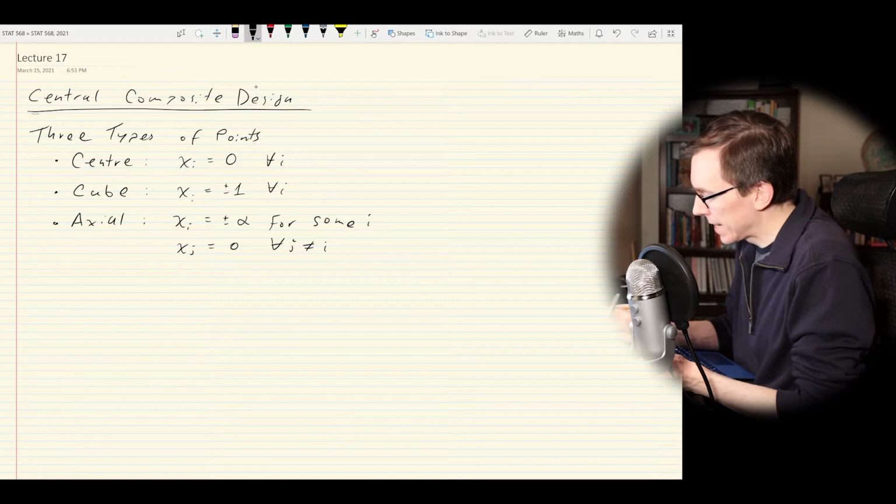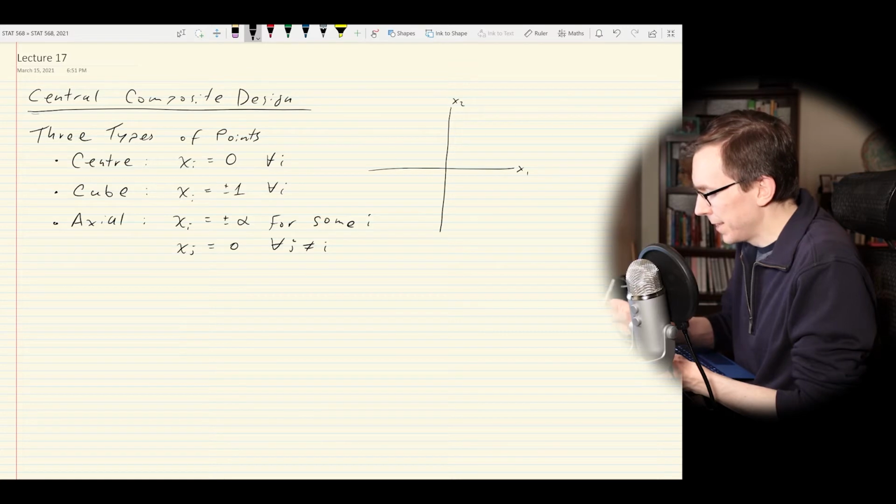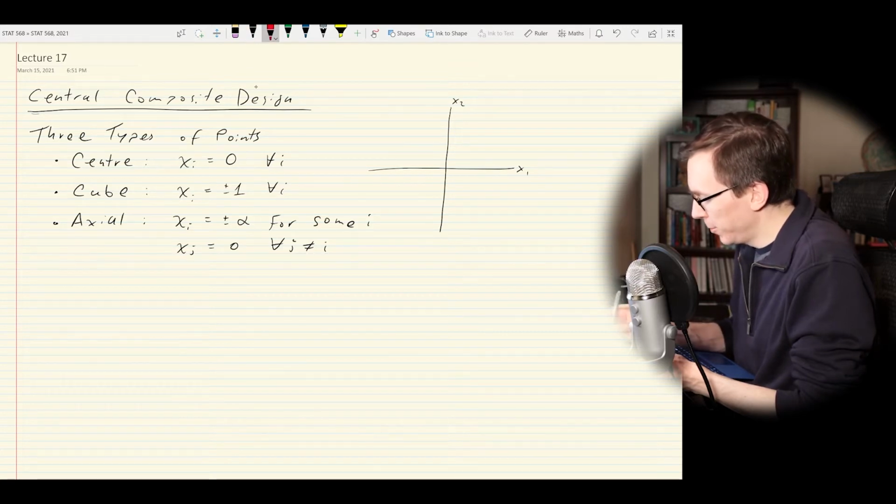And as we drew last time, if we look at these in two dimensions, so if we have two inputs to our model, x1 and x2, then the design will look a bit like this.